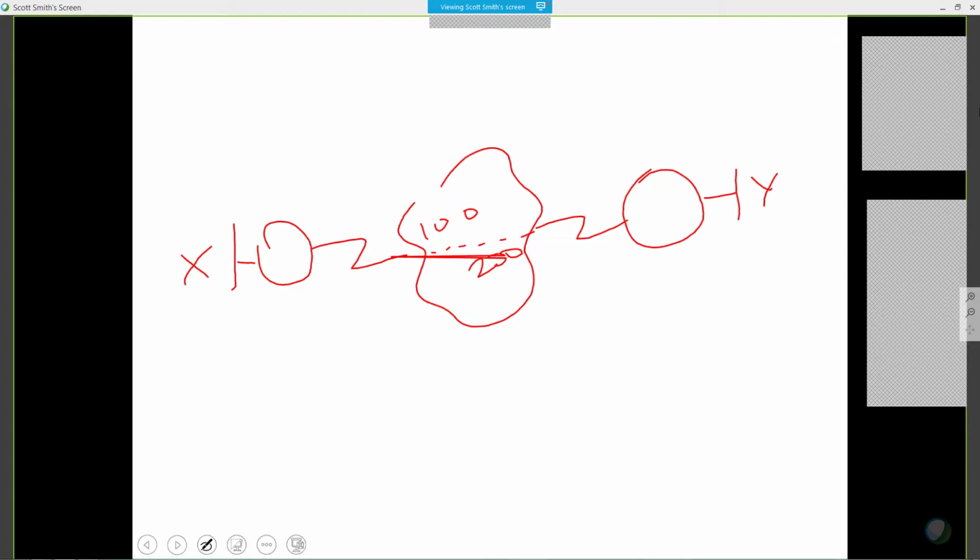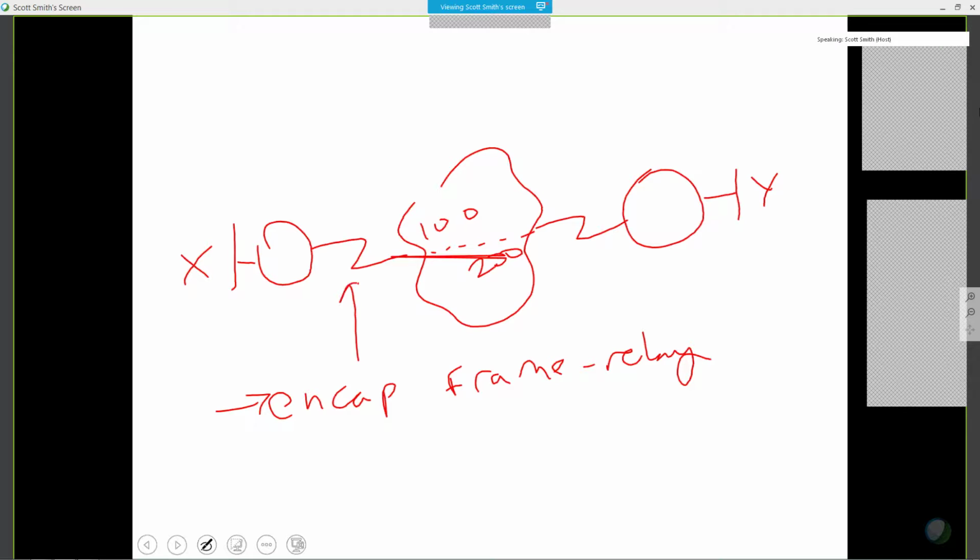All right? The only thing that you actually technically have to configure on the router is one command, encapsulation frame relay.